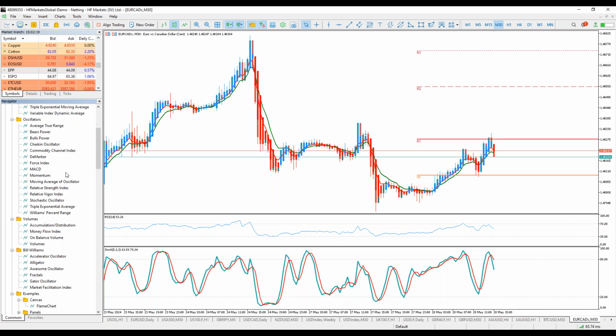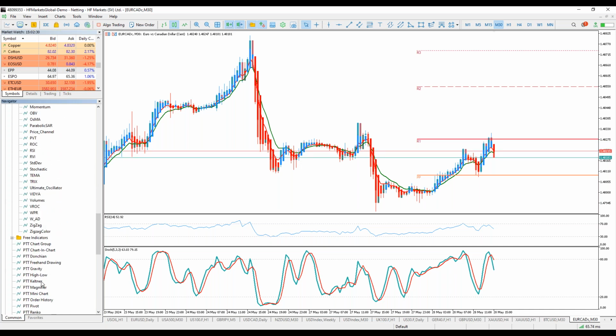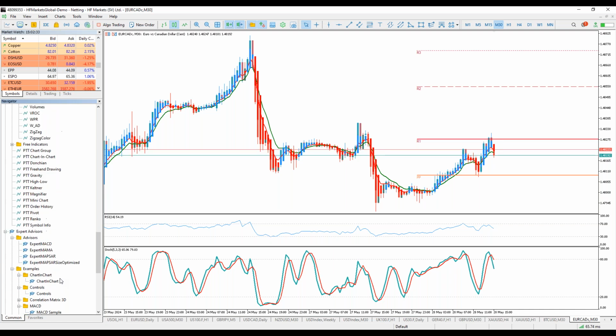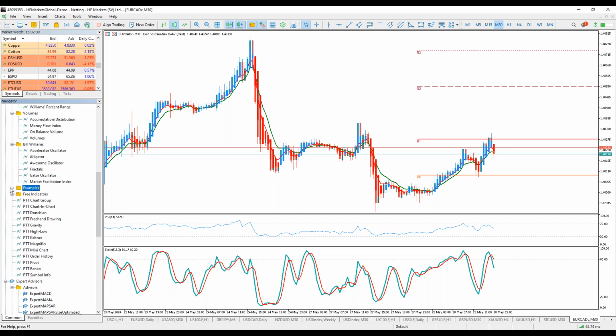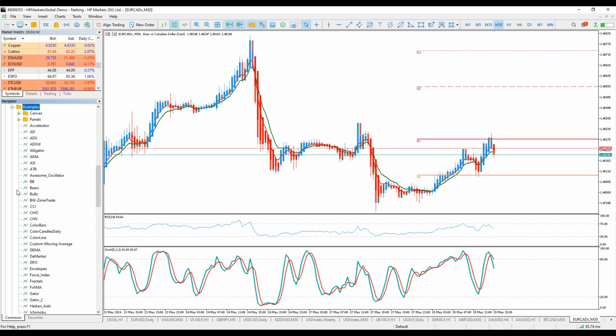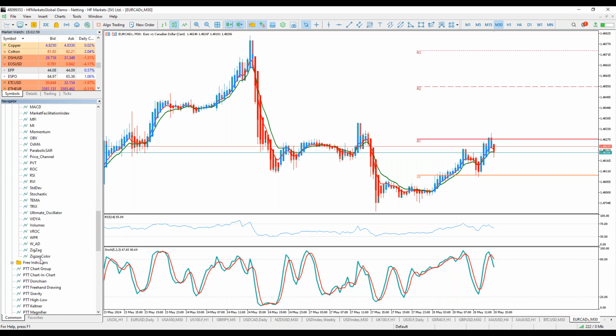Obviously I'm in a demo account over here, but in my demo account, I can see it at the very, very bottom, which is below the examples for some reason. You see, I open the examples folder, open both canvas and panels, and this Heikin Ashi.